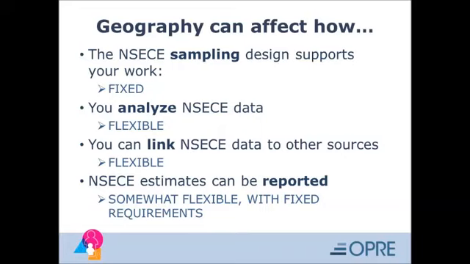Similarly, linkages can also happen at different levels depending on the data sources you have, the amount of effort that you want to implement in the linkage activity, and of course your research questions.